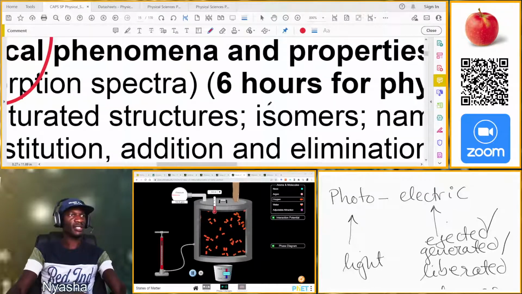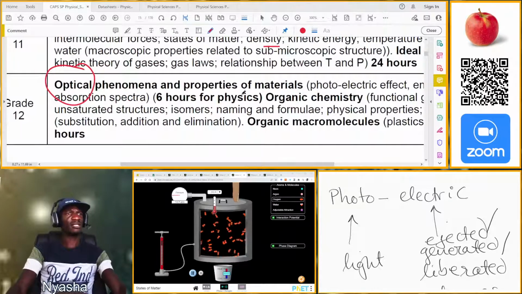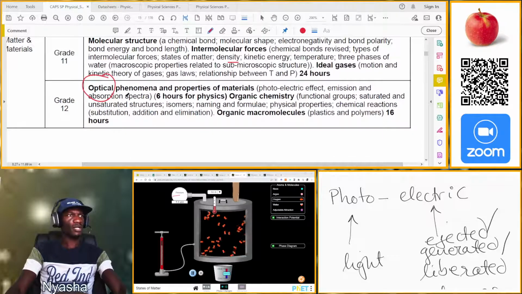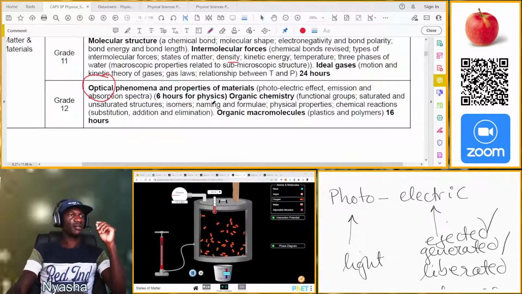In chemistry, you will do a lot of spectroscopy, maybe later on, maybe at university, but otherwise you will look at a lot of properties of materials in terms of their absorption and emission spectrum.